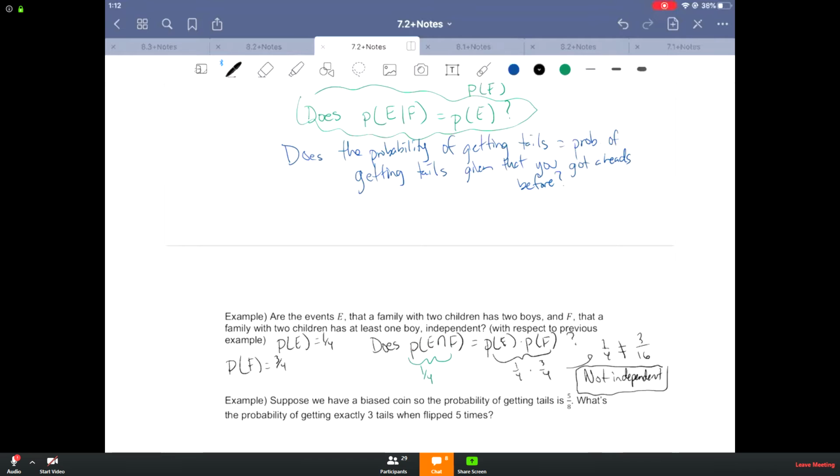So by telling you that given part, that the family has at least one boy, it changes the probability of finding that the family has two boys. Which is kind of weird to think. You would think they would be independent.